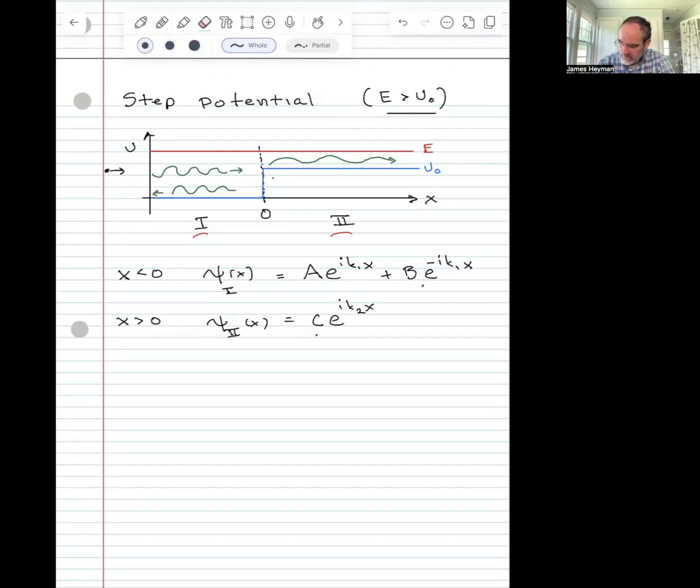So, if you like, this first term represents the incident wave. The second term represents the reflected wave. And the third term here represents the transmitted wave.